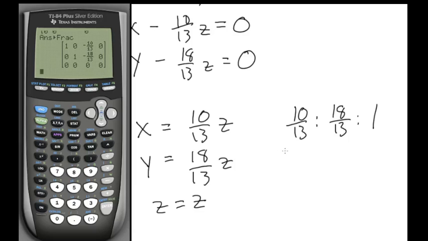Our last step is to multiply through by something that will make all of these whole numbers. The easiest number here is 13. If we multiply everything by 13, that clears out the denominator. Multiplying 13 all the way through gives us 10 to 18 to 13, and that's our ratio for this problem.